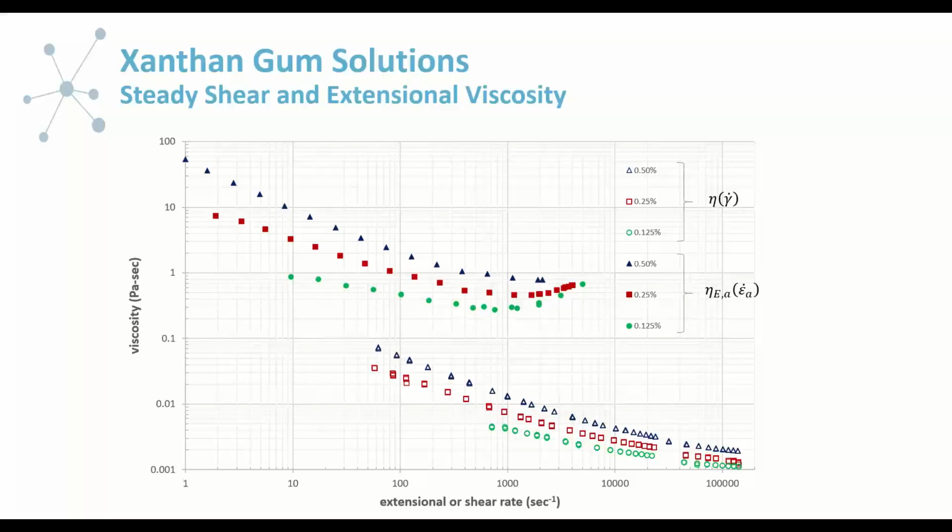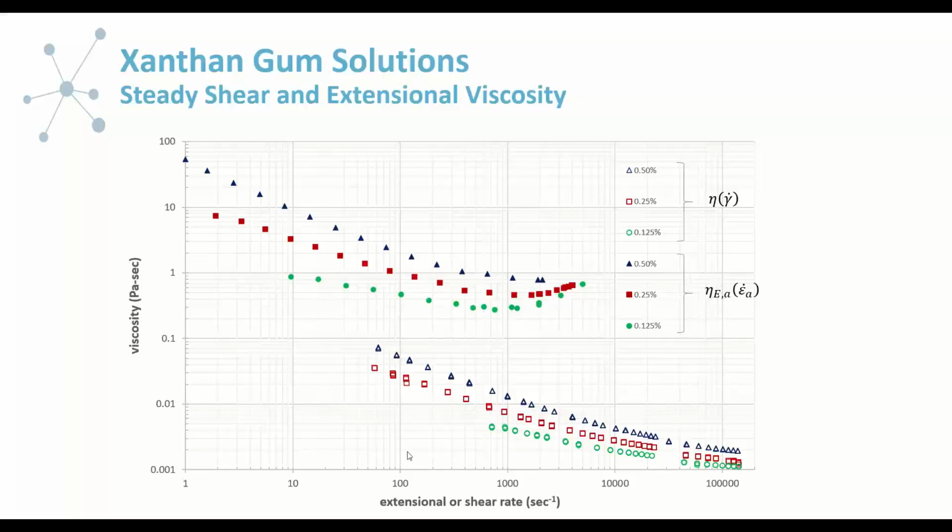And what we're looking at here, I'm just going to try to emphasize some general points about steady shear versus extensional viscosity. The top group of values are the extensional viscosity for our different concentrations, from about 0.125 up to 0.5 weight percent of our xanthan gum. And then down below this group is our steady shear value.